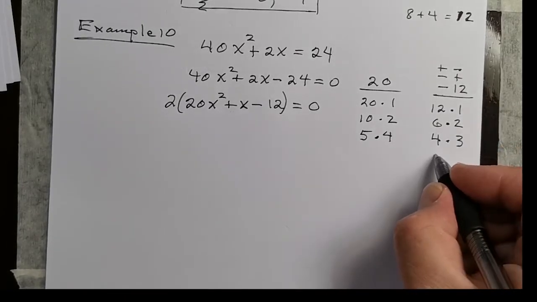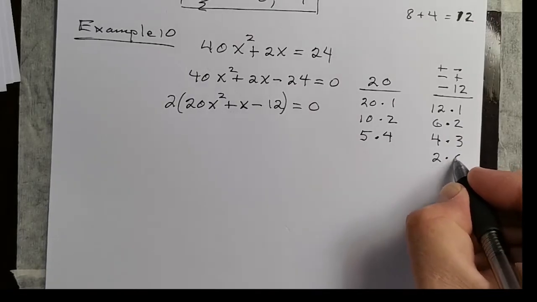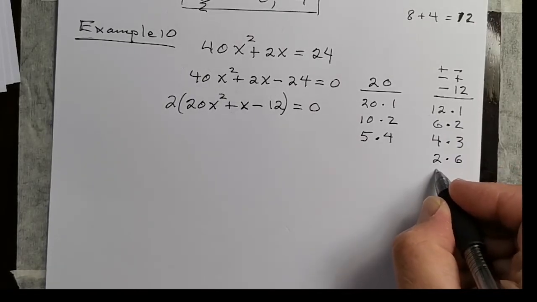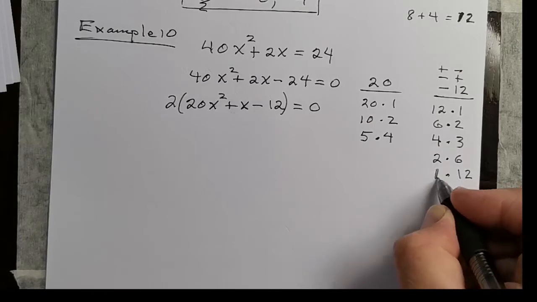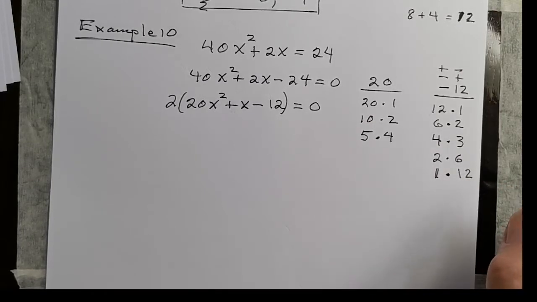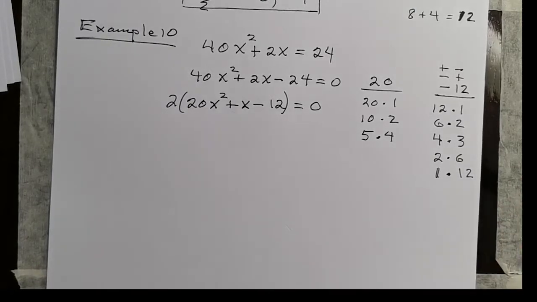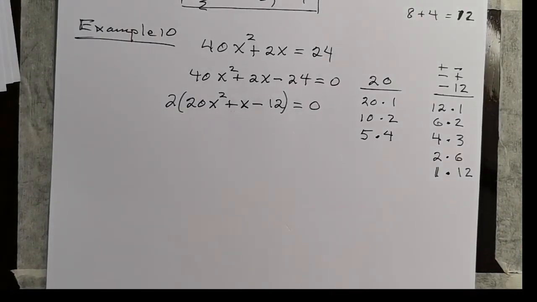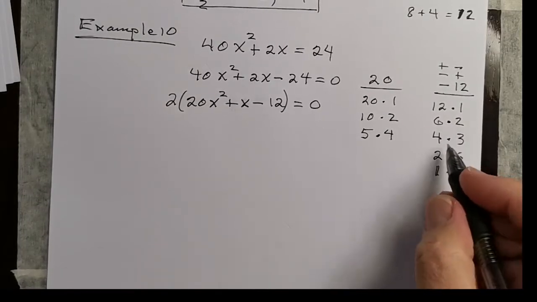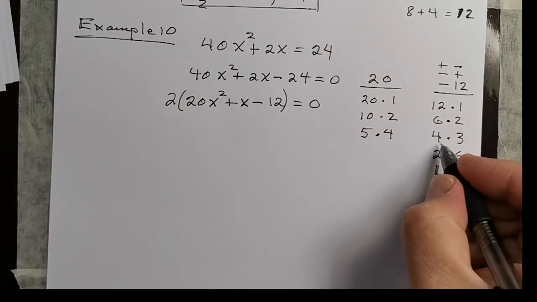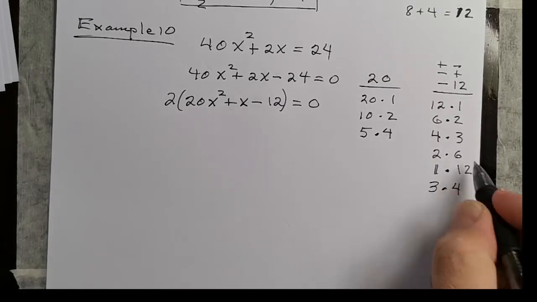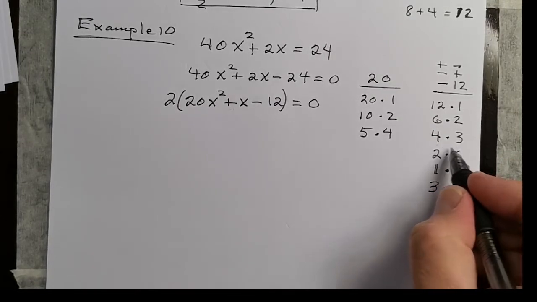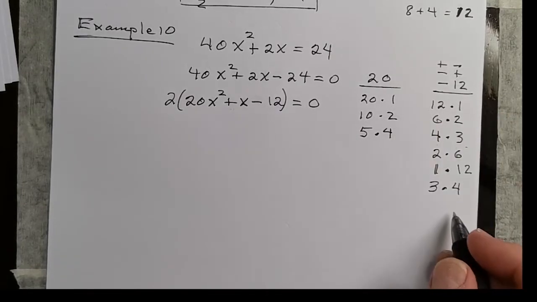Or we could have 2 times 6, or we can have 1 times 12. Okay. So now let's think. Oh, I forgot. It's 4 times 3, or the next one is 3 times 4. I forgot to put 3 times 4 in there. It should have been right here, 3 times 4.